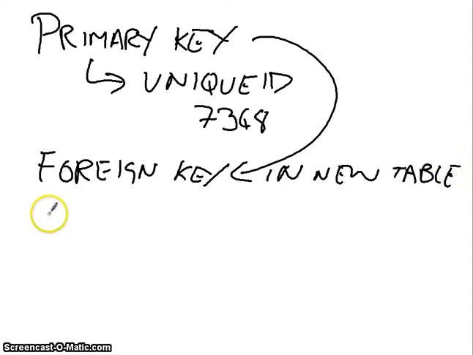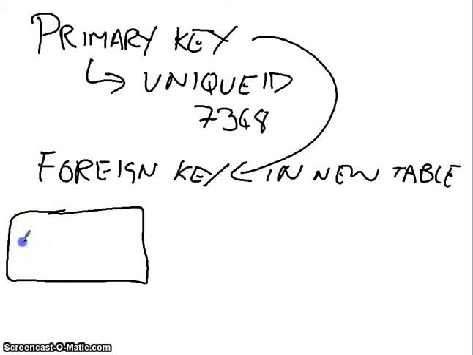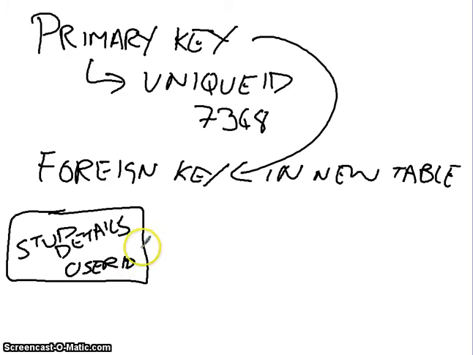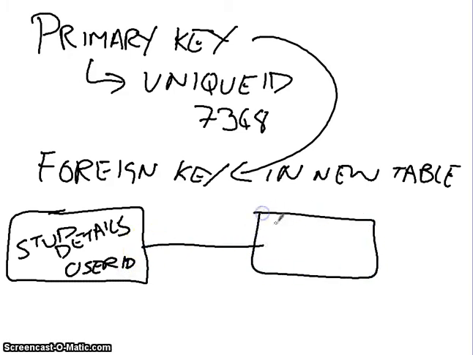So when we were looking at before, we were looking at student details. The unique ID is user ID. And if I have a subject, they would have a list of subjects.